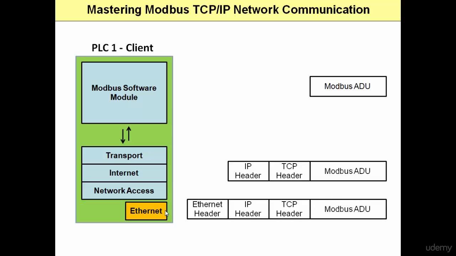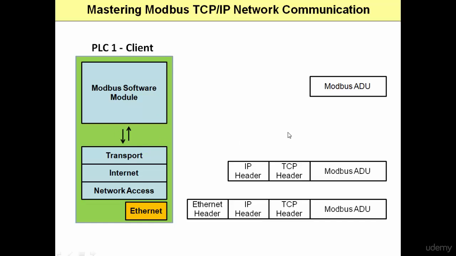With respect to Ethernet, it adds its own header onto the existing IP header, TCP header, and the Modbus ADU. All right. And then it sends this out as electrical signals onto cabling, right, to reach its destination.